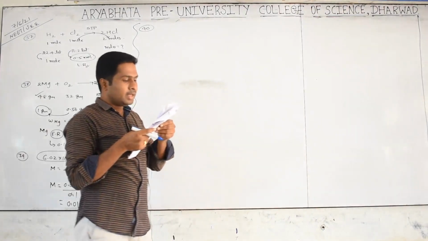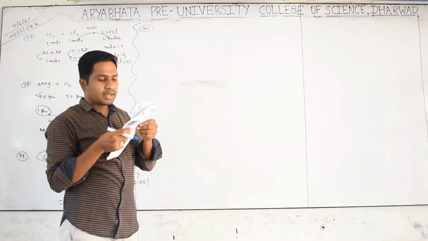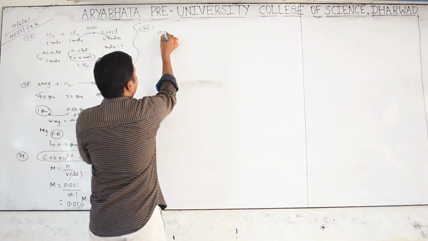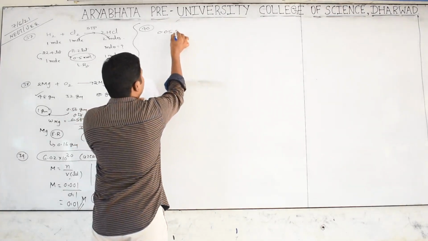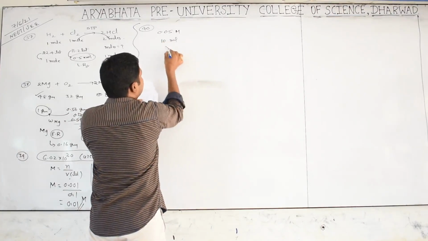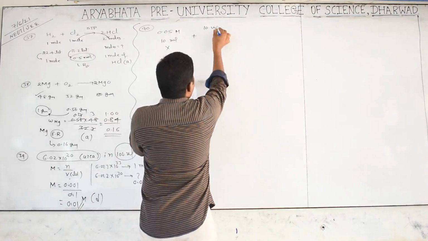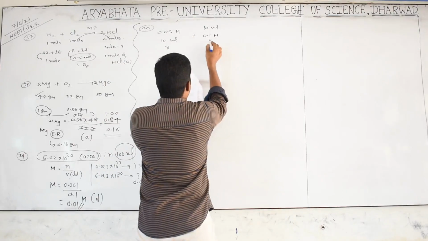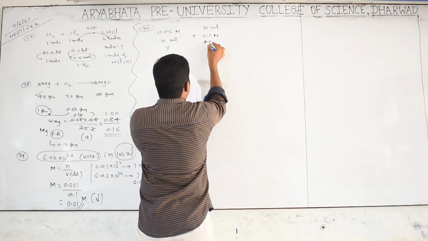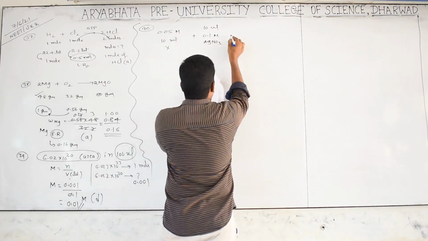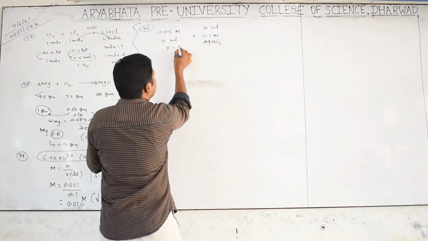In an experiment, 10 ml of 0.05 molar X chemical will be combining with 0.1 molar AgNO3 solution. What is the formula of X?